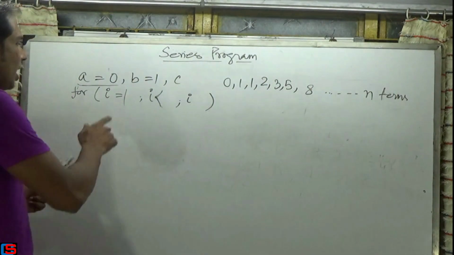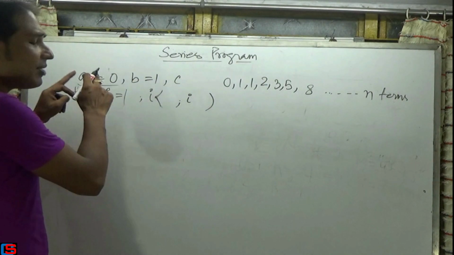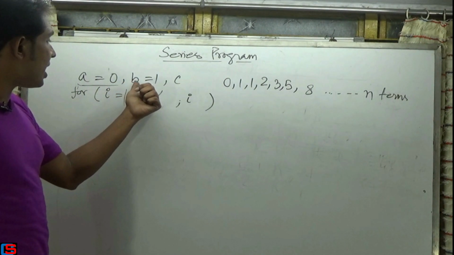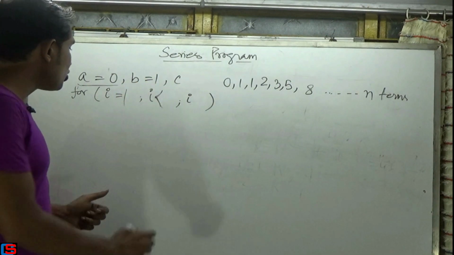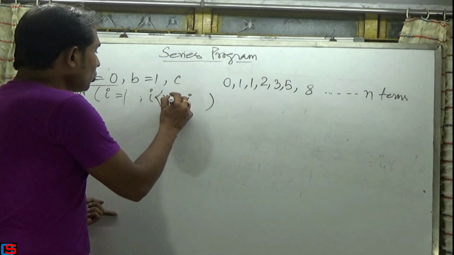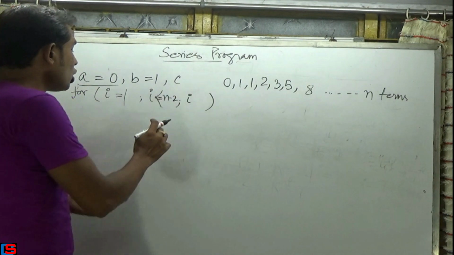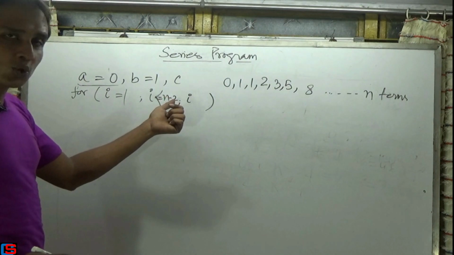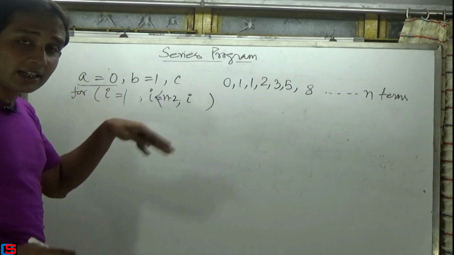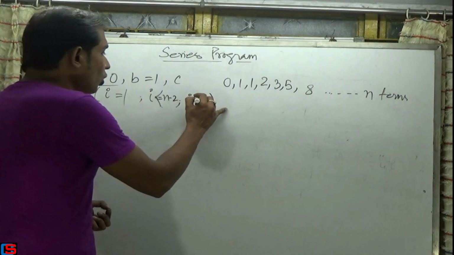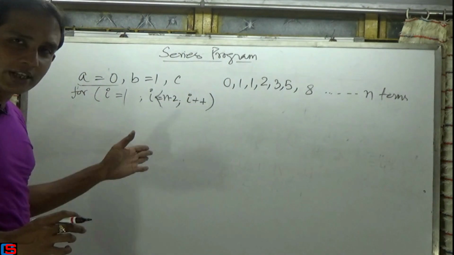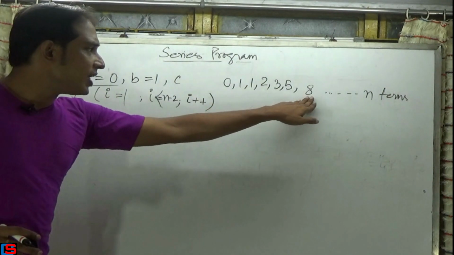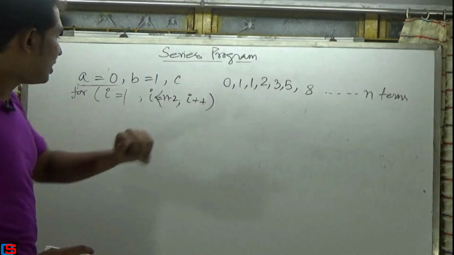If I print the values of a and b before the loop, then the loop will execute up to n minus 2 terms, because 2 terms are already printed before the loop, and the loop increases by 1 always, as this LCV is not related to the series values.